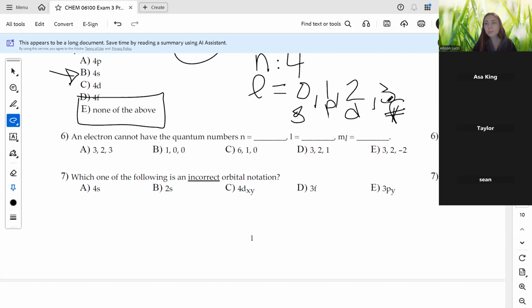So we know that n is any number 1 or greater. So any of these n values are acceptable. When we get to our L value here, we know that our L cannot exceed our n. So it looks like all of our L values are okay as well, right? So 2 is less than 3.